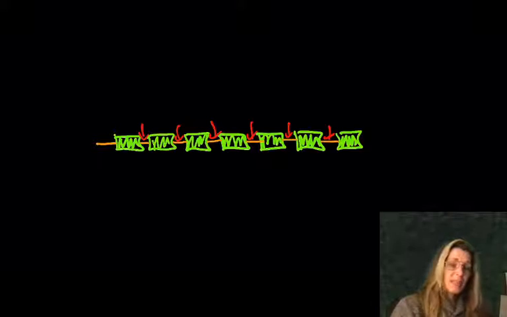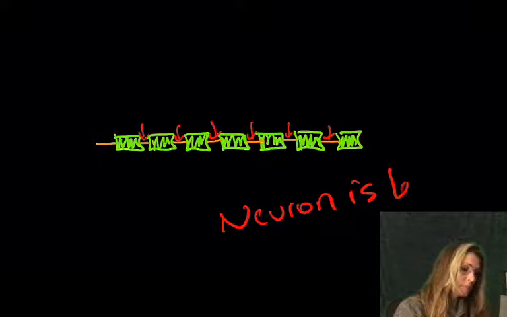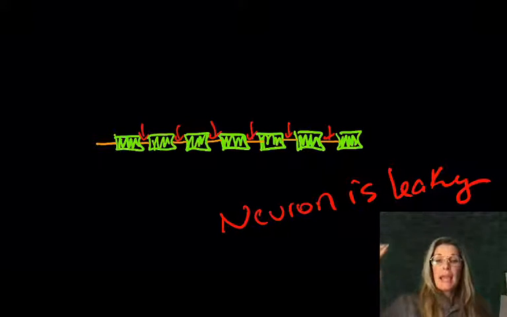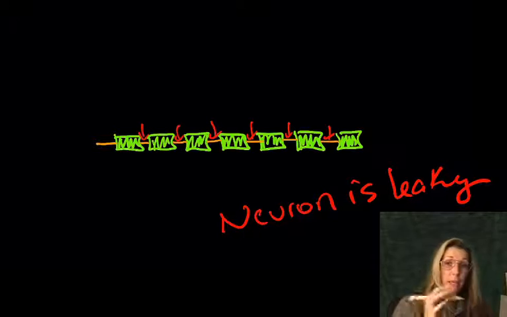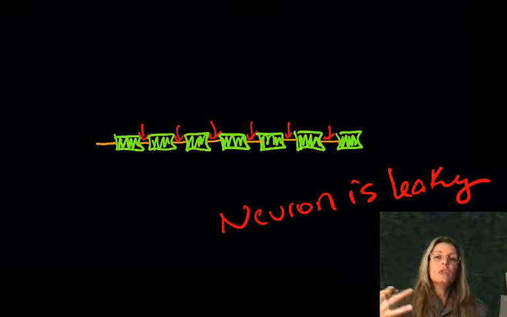Also, in the spaces that aren't insulated, as I mentioned before, this isn't something we've talked about a lot, but the neuron is leaky. We did talk about this a little bit with potassium, and in those insulated areas, the neuron isn't leaking, so the impulse gets carried along the entire length of that insulation without losing any of its intensity.